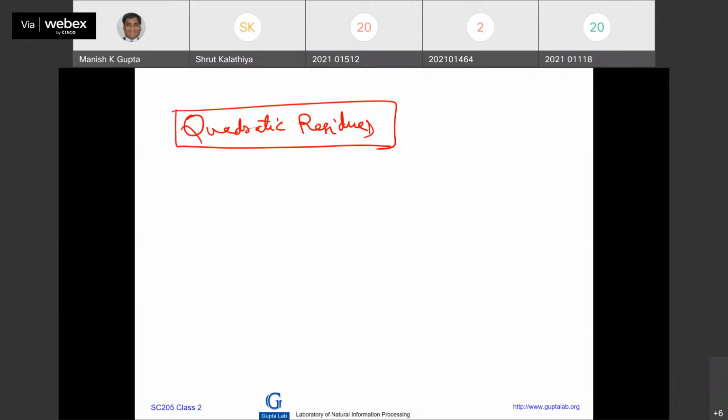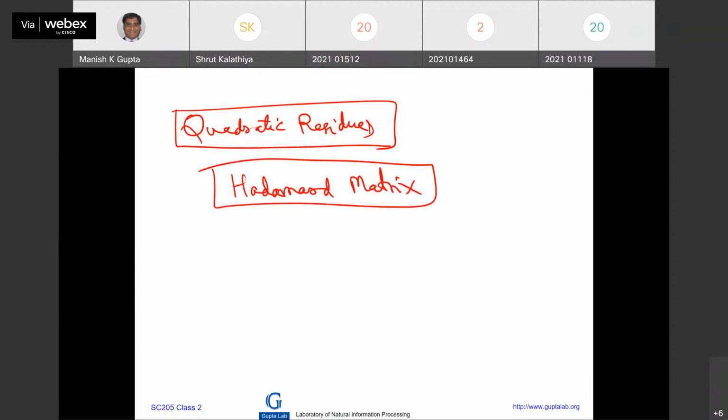So first, let me tell you about Hadamard matrices a little bit. Then I'll show you how they can be constructed using quadratic residues. So what are quadratic residues and how can we construct them? These are square matrices.